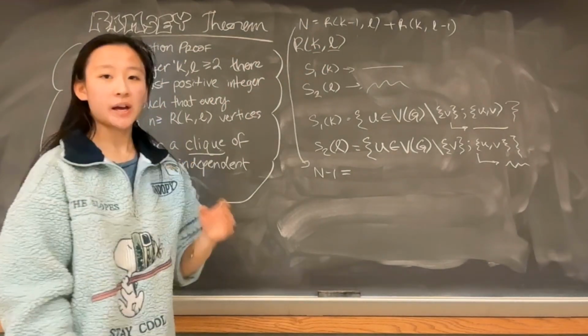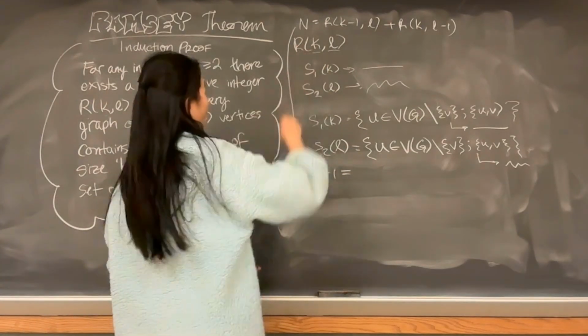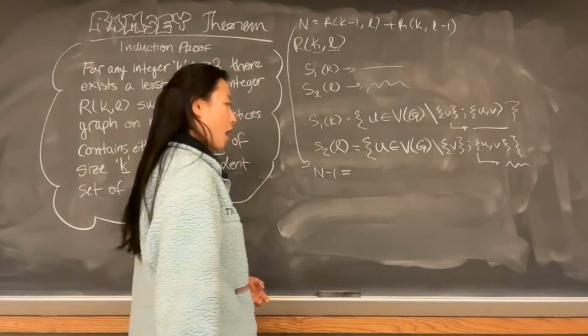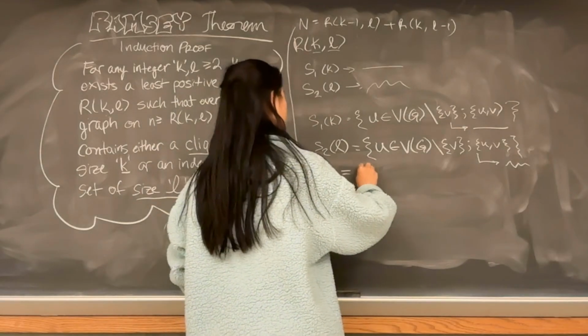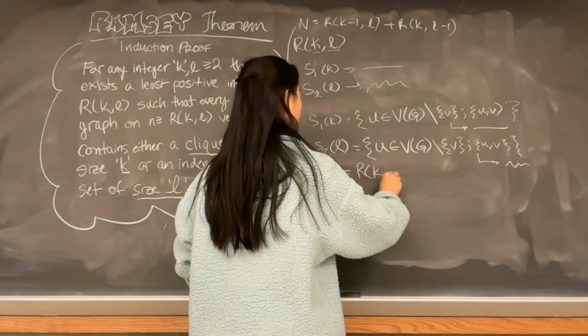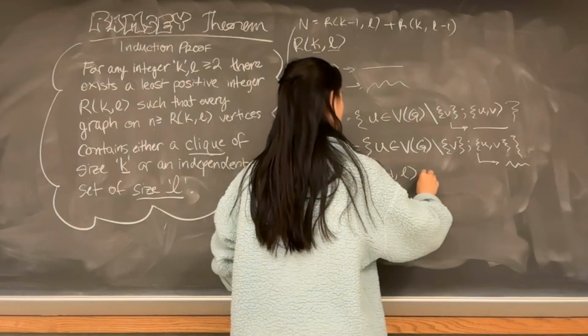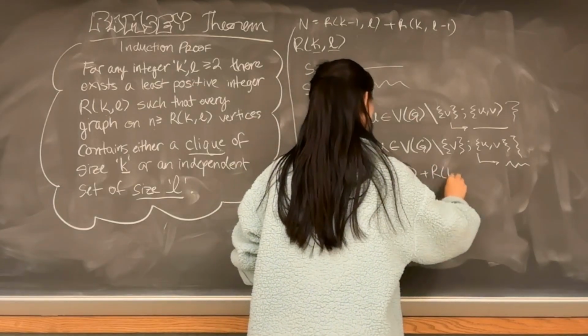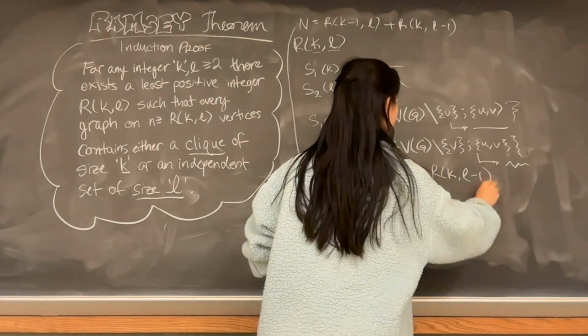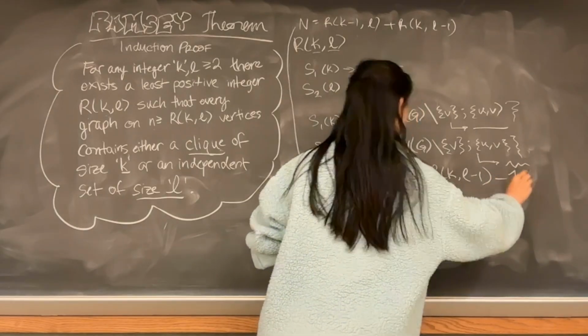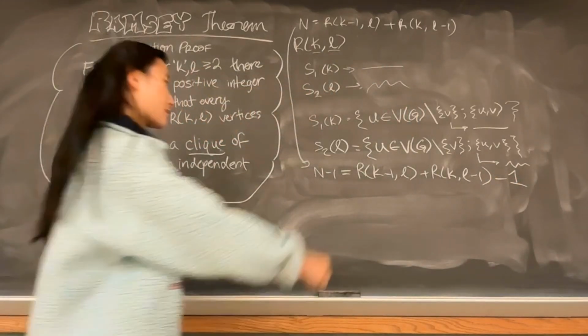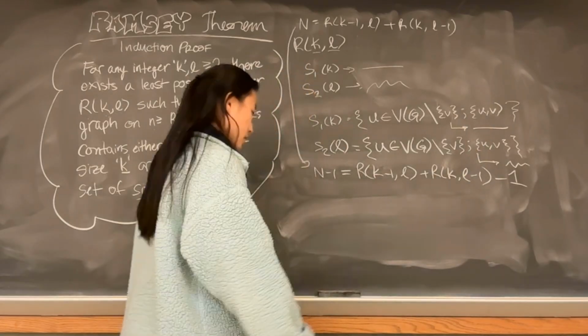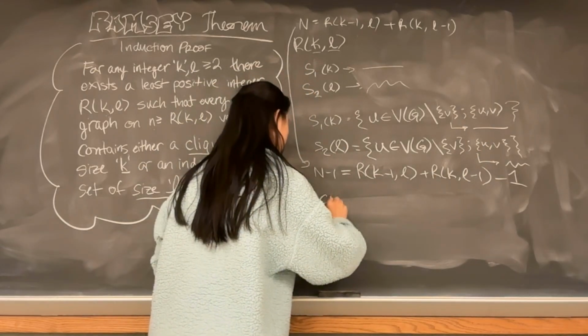So just by algebra, this has to be 1 less than that. So we can write n-1 is equal to r(k-1, L) plus r(k, L-1) minus 1, the whole thing minus 1, because this whole thing was just equal to n.